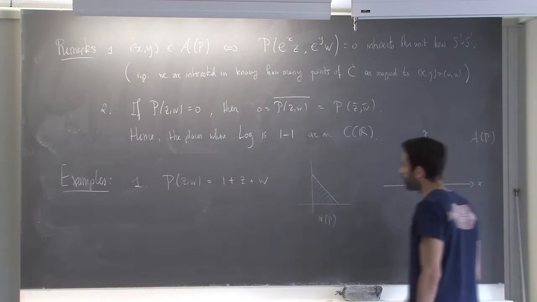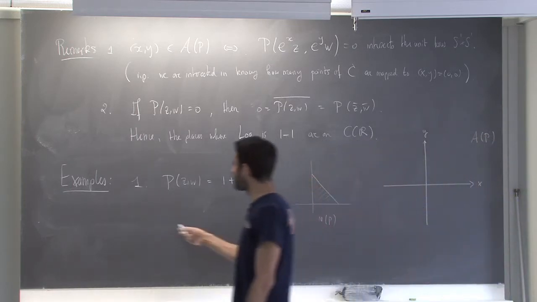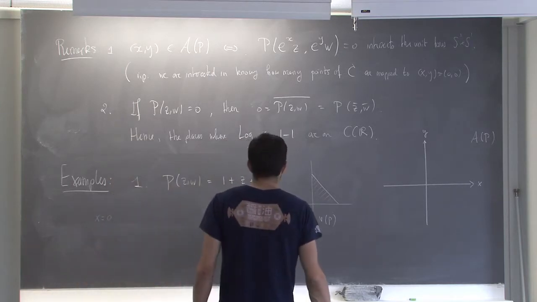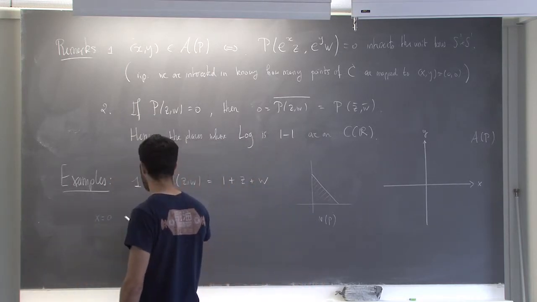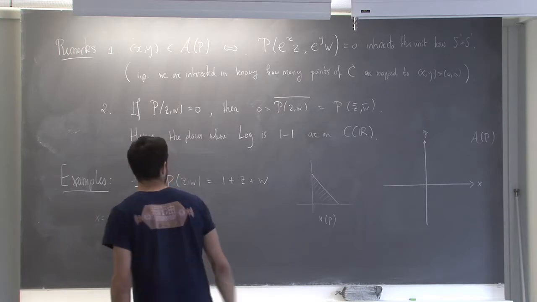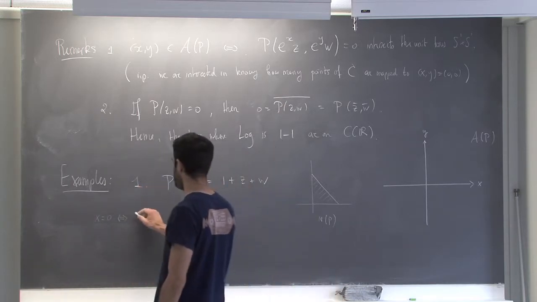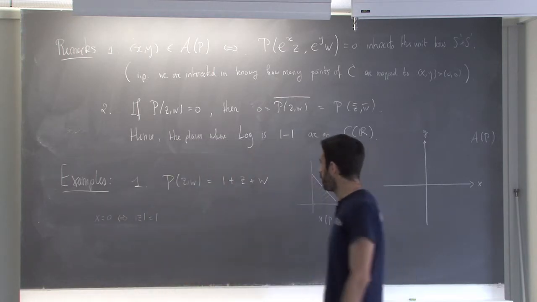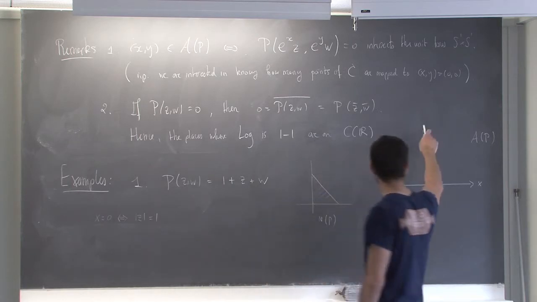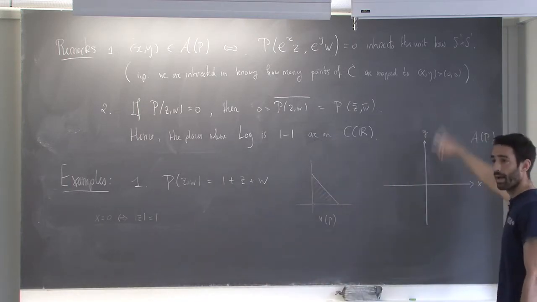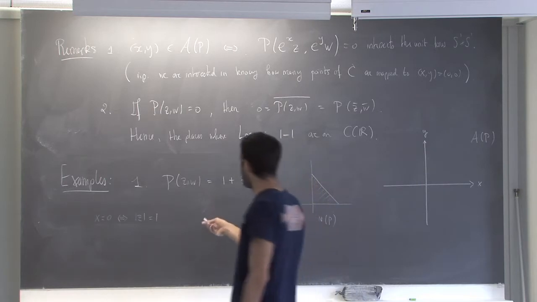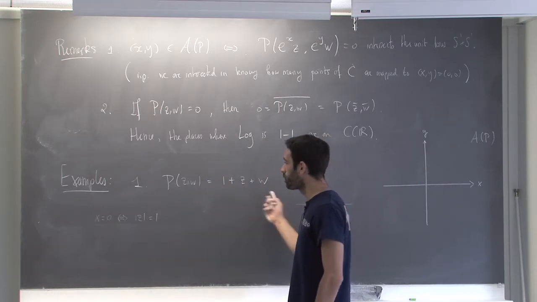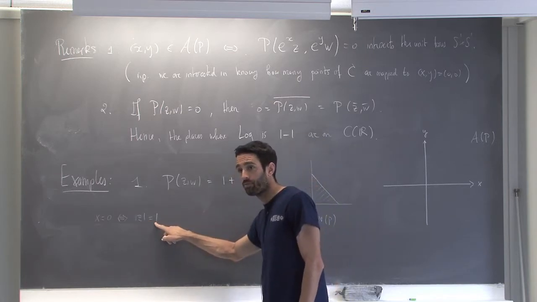So for starters, let's just assume that x equals 0. This means that z has modulus 1. So now I want to understand the intersection of the amoeba with the y-axis. I want to see for which w I can have this equal to 0 for norm of z equal 1.